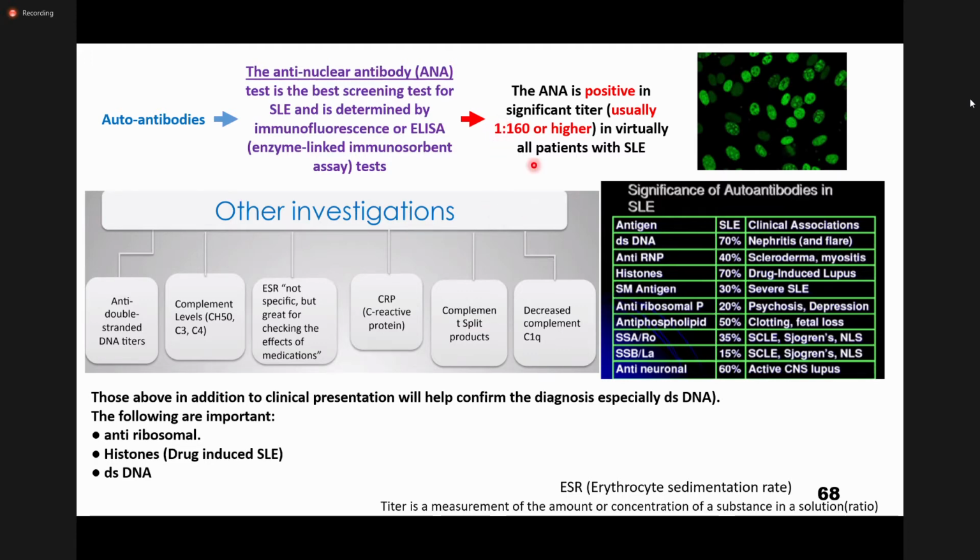But basically, the positive is when the ratio is 1 to 160, okay, the titer value. So all these patients are classified as SLE, okay. There are other ways of investigation for diagnosis of SLE, different approaches they have. So the best screening test is the ANA, anti-nuclear antibody, okay.